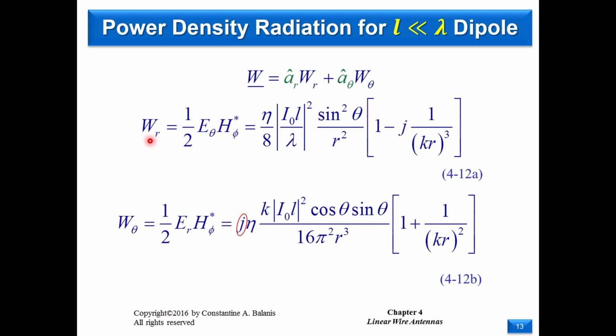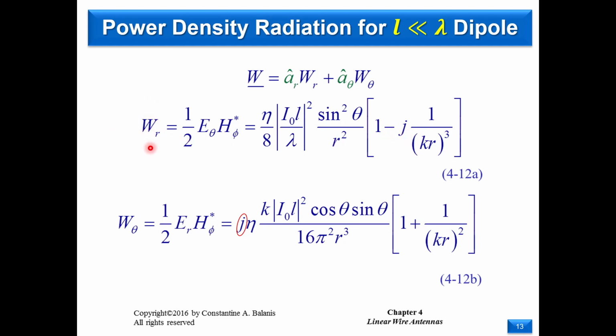So, writing each component alone, because we're going to do analysis on this: W_R has one term depending on 1 over R squared, and the other term depends on 1 over R to the power 5. It has a real term and it has an imaginary term.